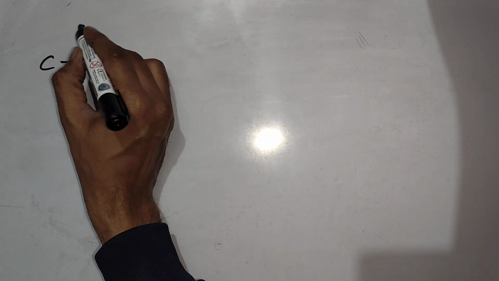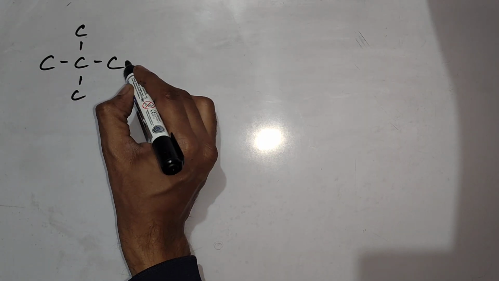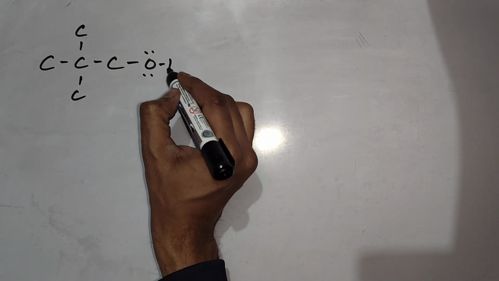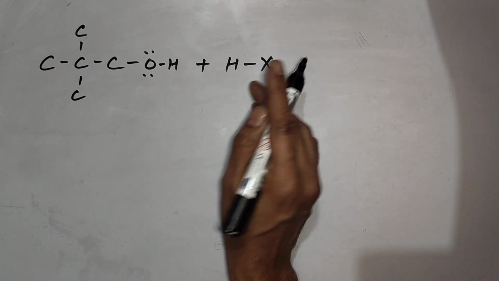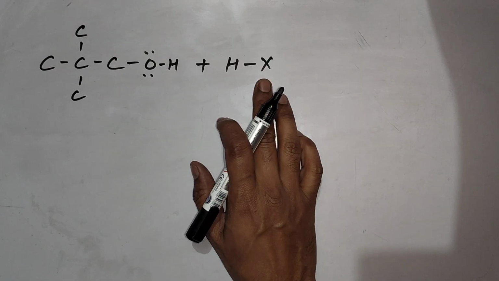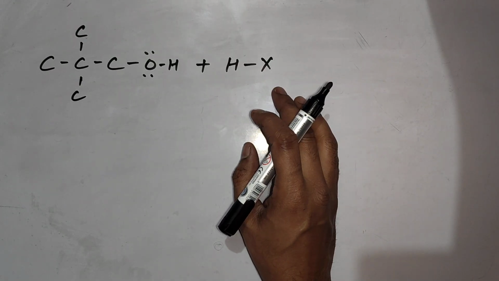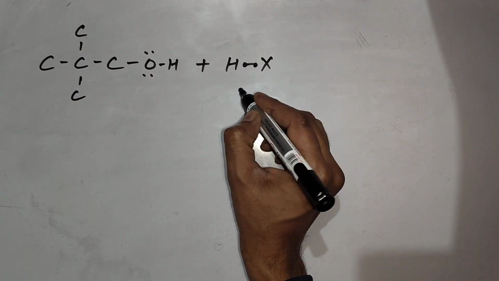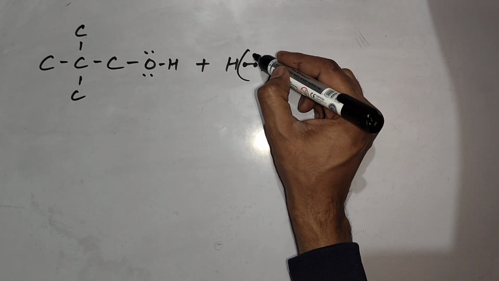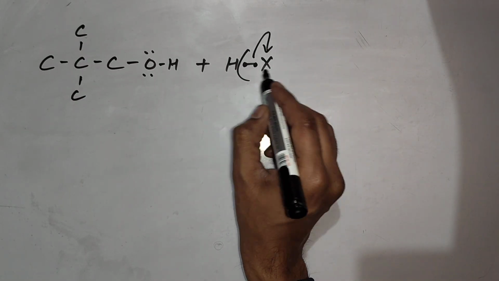Suppose we have this alcohol and I am going to react it with HX. You can use any HX like HCl, HBr, HI, HF, whatsoever you want to use. So, how does this reaction happen? The bond between H and X will break.